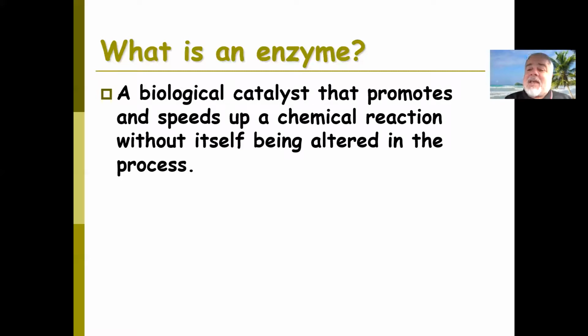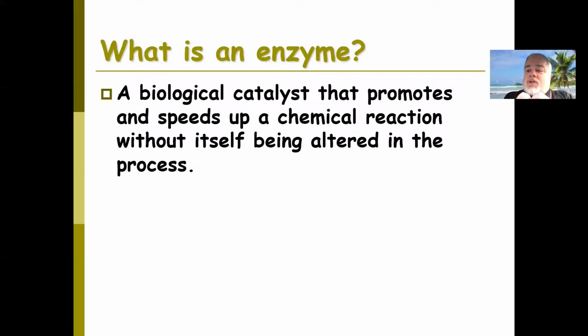And catalysts can do two things. They can cause a reaction to make things bind together. They create things. They join things. Those are called anabolic enzymes. Anabolic builds or puts together.